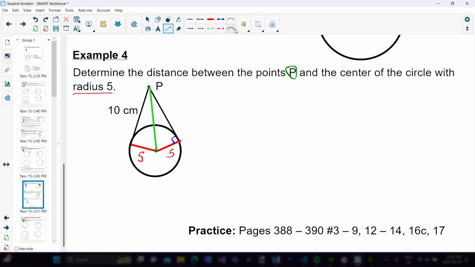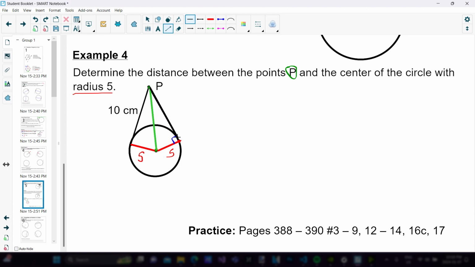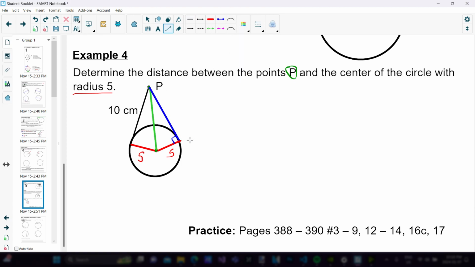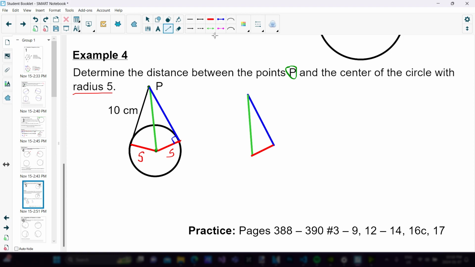So if I may, some of you will see where this is going. I'm going to take this triangle out. So I've got that line, and then I've got the line P, and then I've got the radius here, like that.